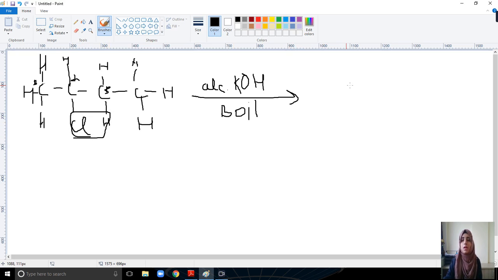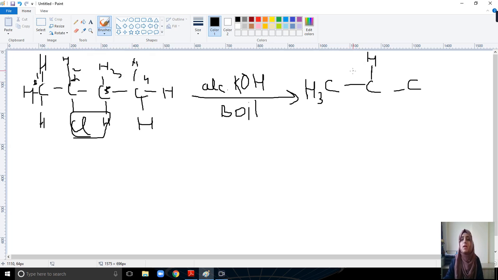The product we obtain is: on the first carbon, all hydrogens you will write as it is, CH3. On the second carbon, this alpha carbon has only one hydrogen, and chlorine is removed in the form of HCl. On the beta carbon, I will give numbering 1, 2, 3, 4.